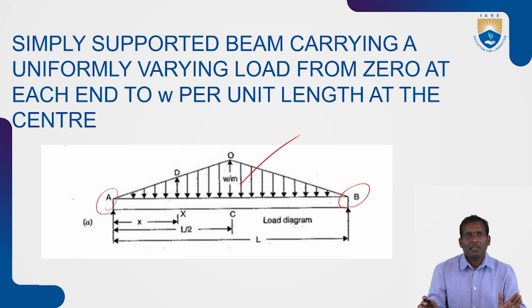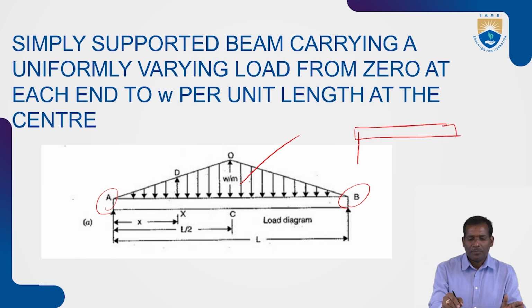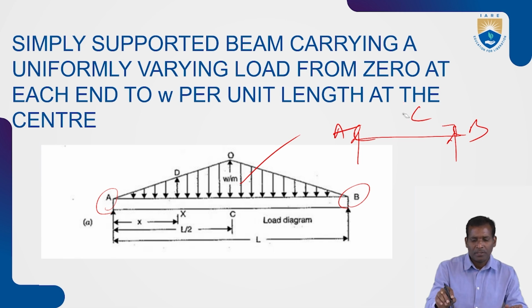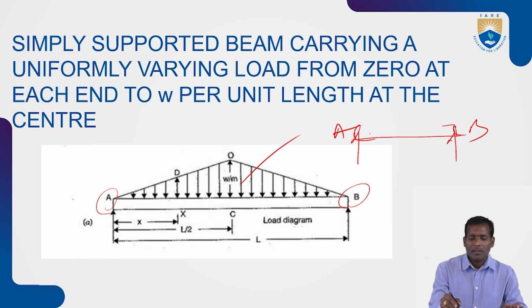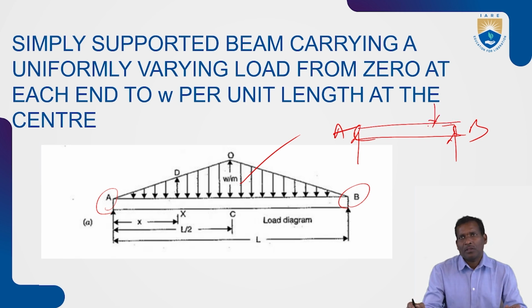We have learned in previous sessions the simply supported beam AB carrying a point load at its center C, and we have drawn the shear force and bending moment diagram for it. We also saw the UDL case, UDL with point load, and the eccentric point load.